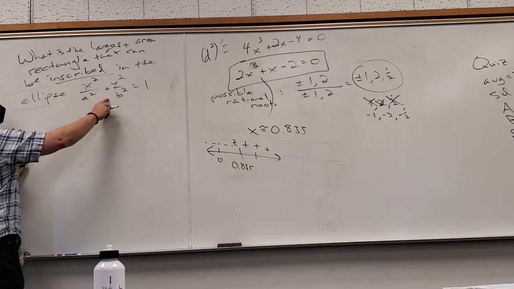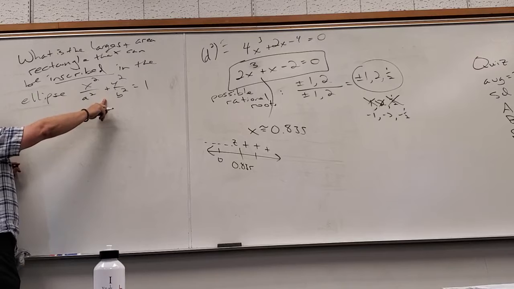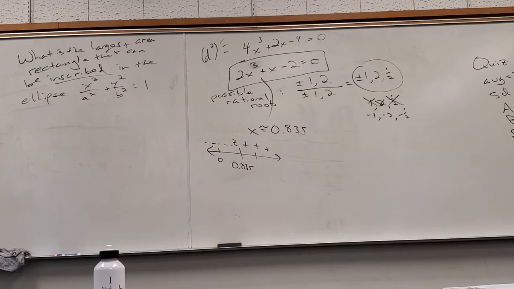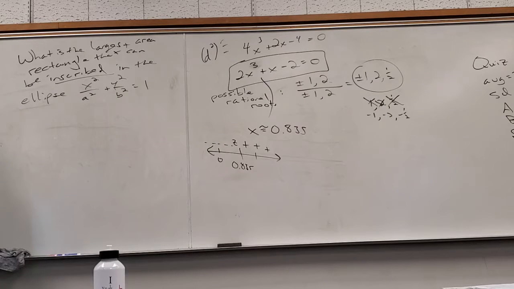So this is an ellipse. Can anybody tell me what would make this a circle? Getting rid of a squared and b squared? Sort of. If a squared and b squared were the same. If a squared and b squared are different, isn't it acting different in the x and the y direction? If I make them the same, it should be equal in the x and y direction.